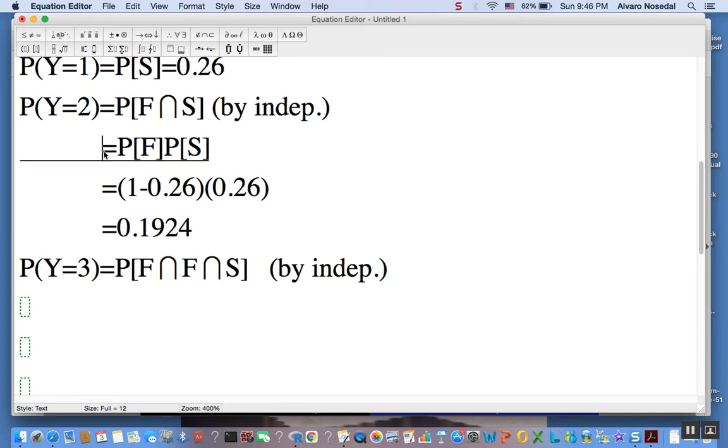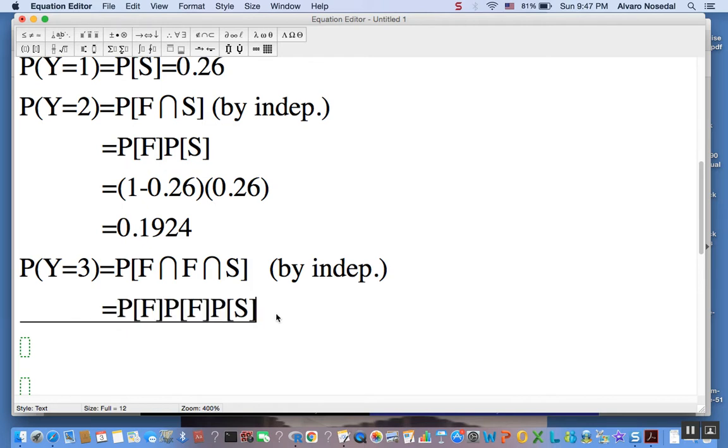what we have is a product of probabilities, going to be the probability of F times the probability of F times the probability of success, which would be equivalent to probability of failure squared times probability of success.